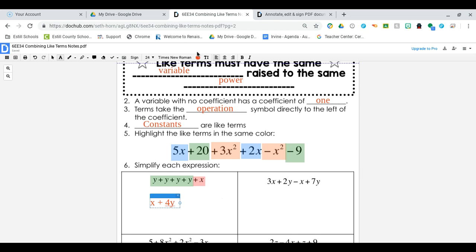Next, we have 3x plus 2y minus x plus 7y. Again, nothing has a higher power than anything else, so I'm going to work with the x's first. So I have a 3x minus an x, and then I have a 2y plus 7y.